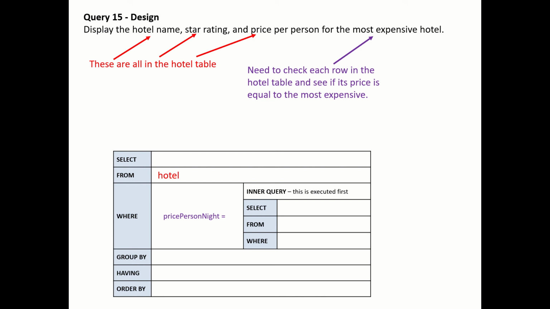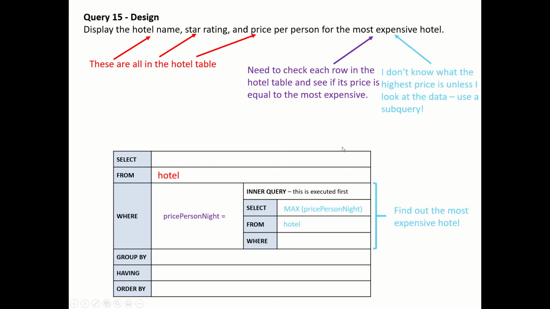Because we can't use aggregate functions in the where clause, we're going to use a subquery. Our subquery is basically find out the maximum price per night in hotel. That's all that's doing, and the subquery always gets executed first.